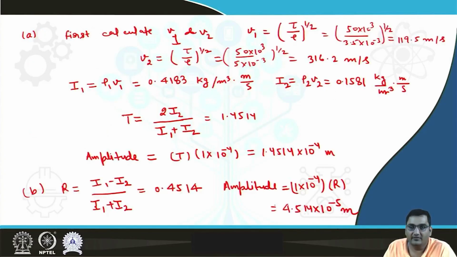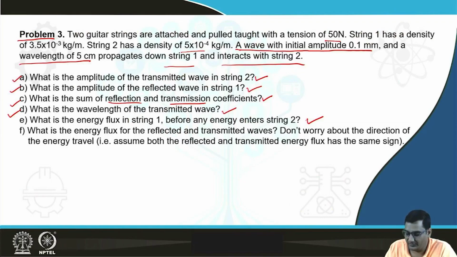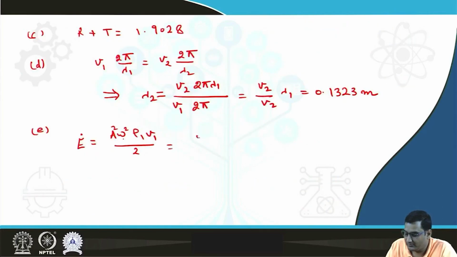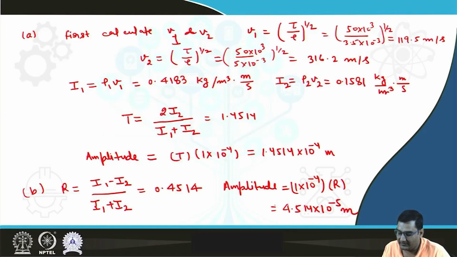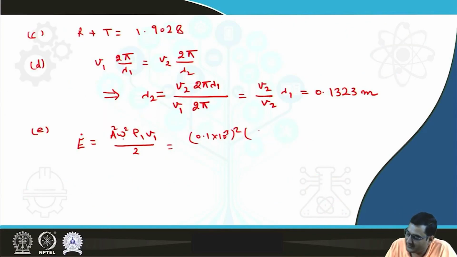You know that the amplitude is 0.1 millimeter, so 0.1 into 10 to the power minus 3 whole square, into the angular frequency. Angular frequency is 2 pi by T, or you can say 2 pi nu, that can be calculated, and then you have the velocity, you know the values of rho 1 and V1, divided by 2.